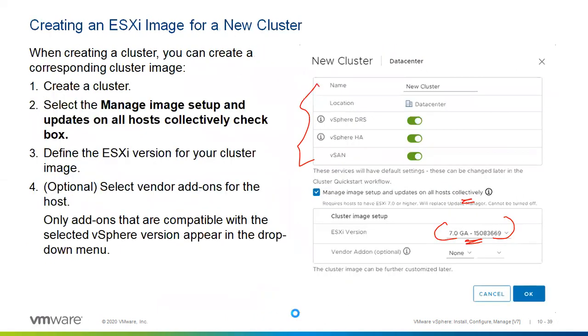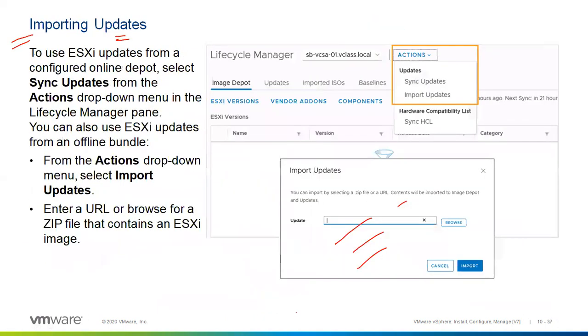How will you create a custom image? This is the option. You use the native ISO, whatever ISO you have, import it, and then take all the additional packages, maybe downloaded from Dell or HP, whatever you have.